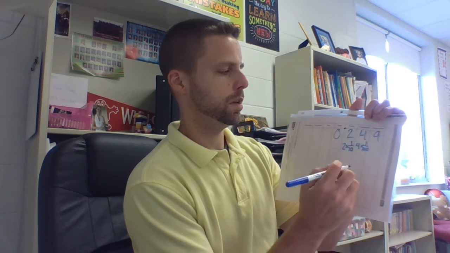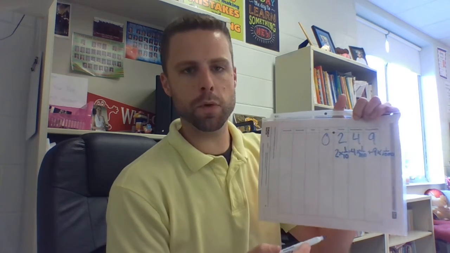So 249 thousandths. And to put that into expanded form, I told them it's basically your digit times whatever place you're in. The 2 is in the tenths place, so that's 2 times 1/10. My 4 is in the hundredths place, so we do 4 times 1/100.